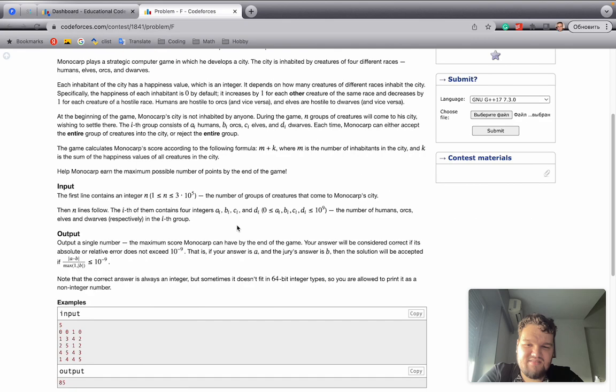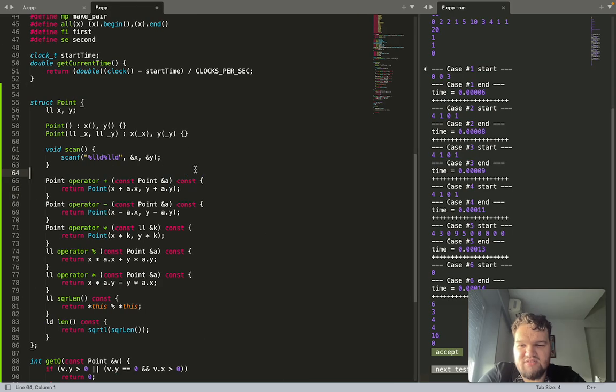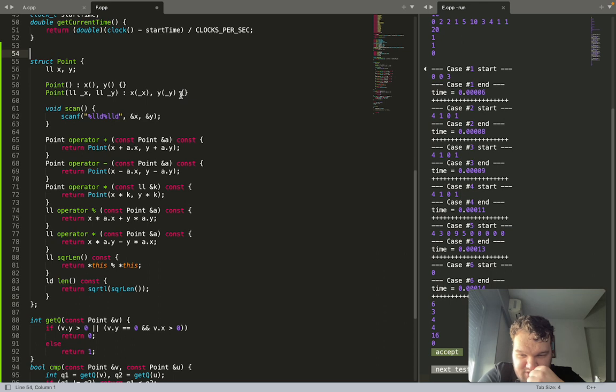Well, they say it in the statement, the answer is an integer, but it is rather big. It doesn't fit in long, so I probably need to be just a little bit careful.